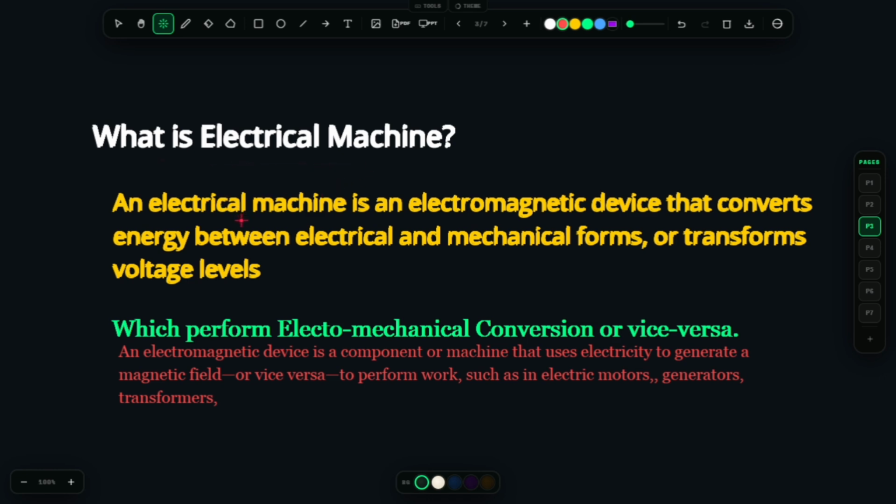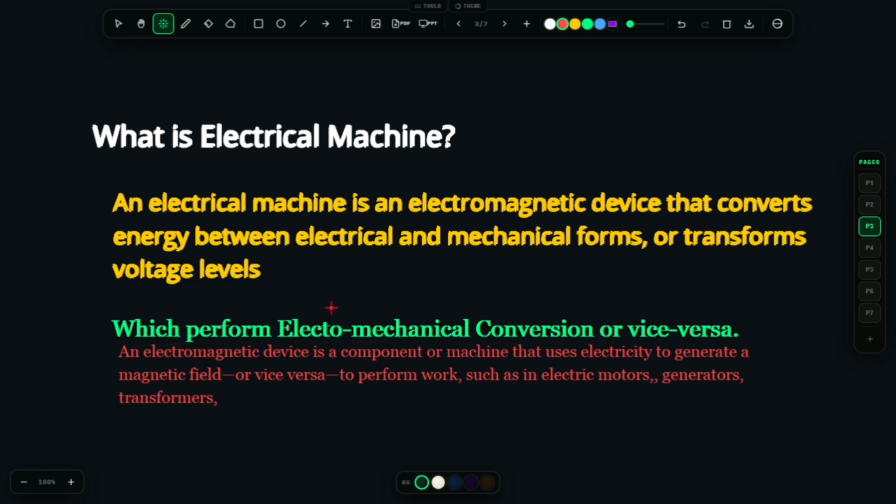So electrical machine is an electromagnetic device that converts energy between electrical and mechanical form, or in case of transformer, the voltage levels. Simply we can say an electrical machine performs electromechanical conversion or vice versa.